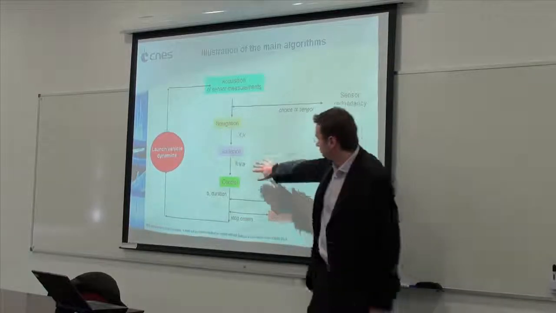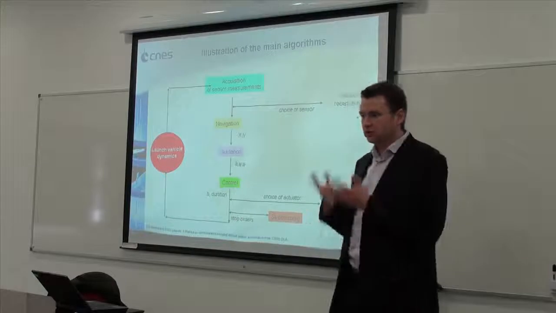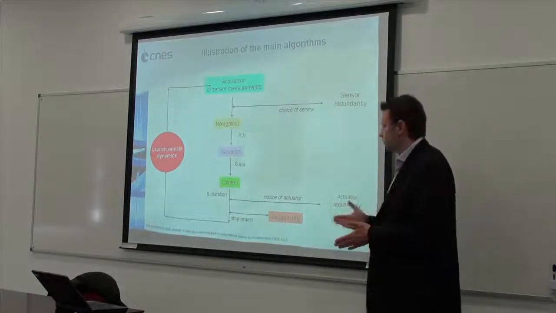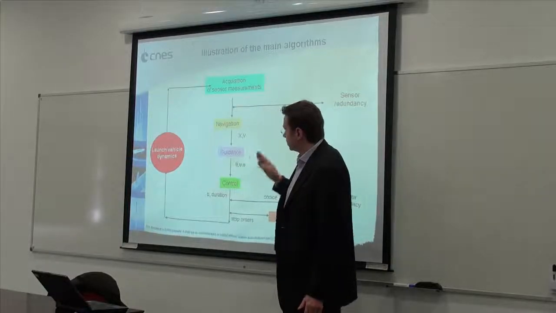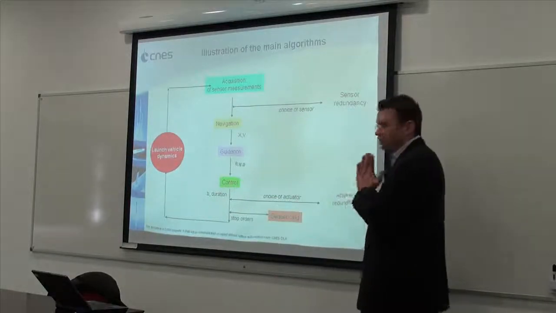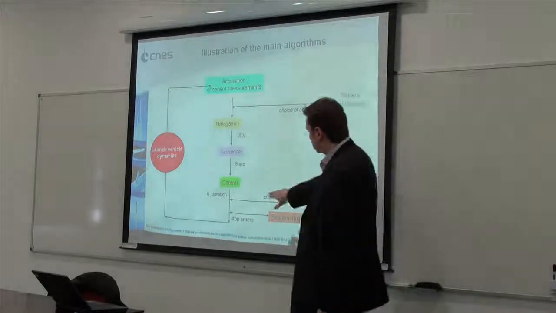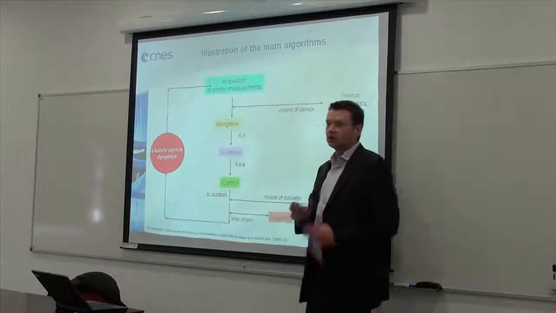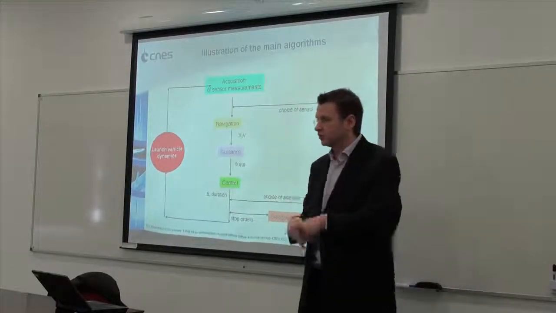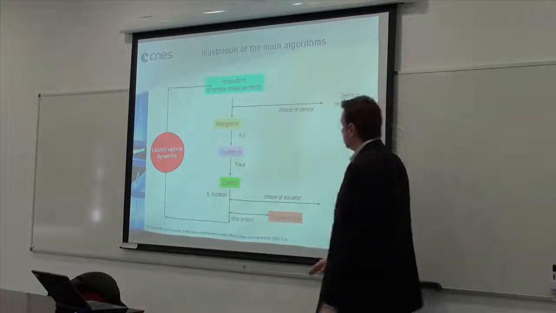So guidance does a bit of what was presented by Eric yesterday: re-optimizing the trajectory at each step of the flight. It provides, at each moment, the direction in which we have to orient the launcher in order to follow the optimal path. It provides angles, theta and psi, pitch and azimuth angles, and we have to orient the thrust of the launch vehicle, so the longitudinal axis, in this direction.